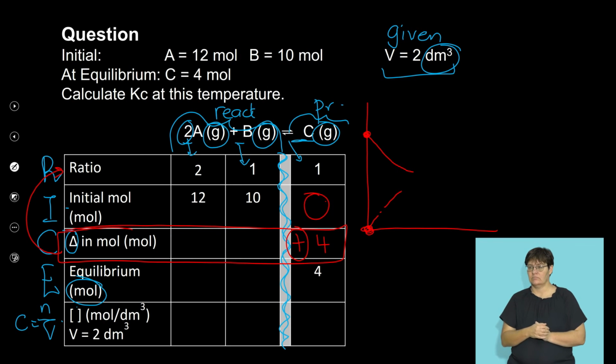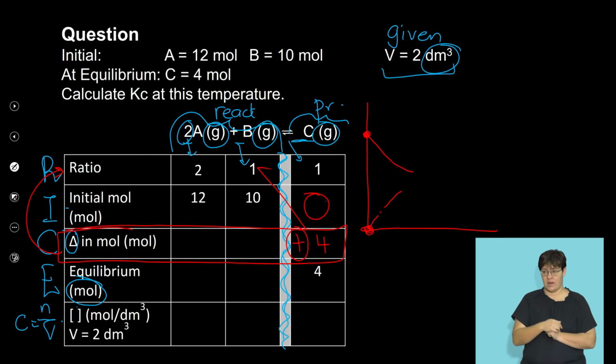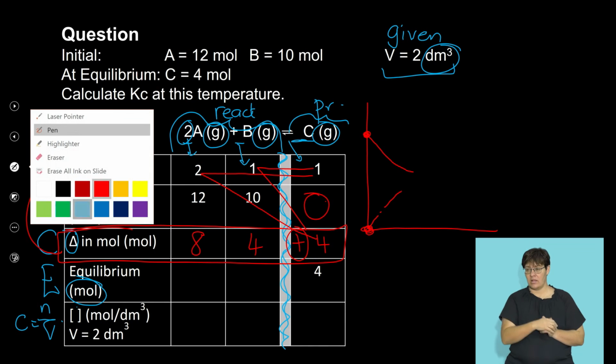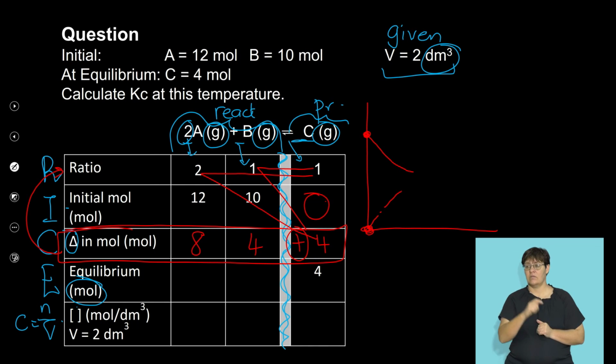So to have the same ratio, we say 4 times 1 divided by 1, which means there is 4 of my B. We can work out in ratio how many moles of A, which is 4 times 2 divided by 1, which is 8. But now we know that we actually used up our reactants, so we put a negative there and we subtract.